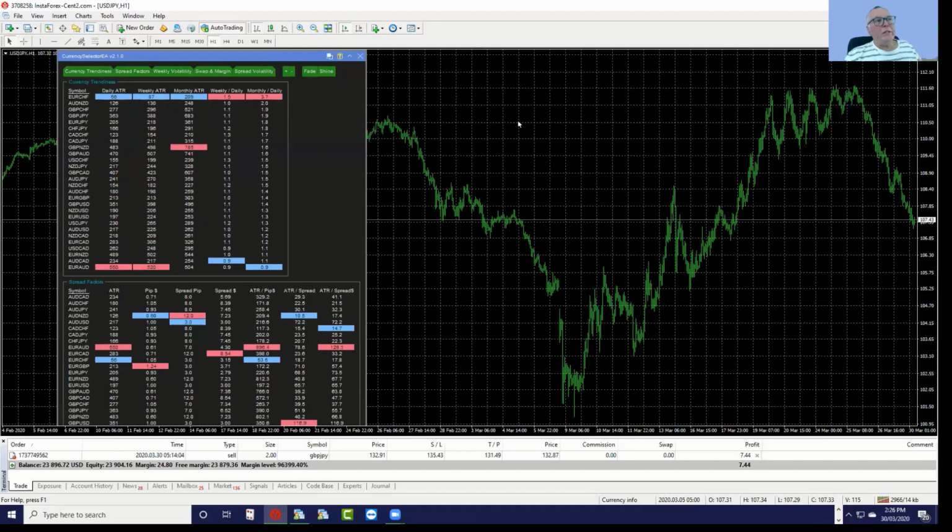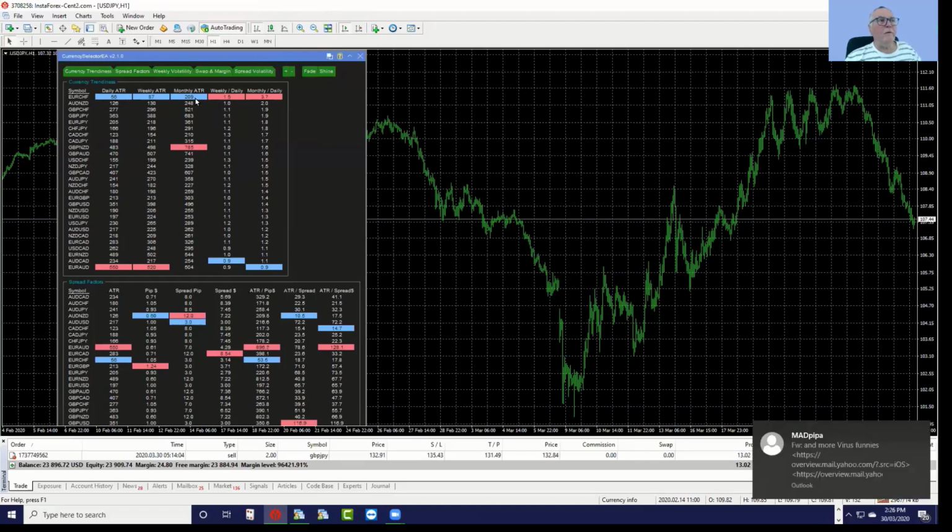So what we try and do here now, you see this particular currency, the euro franc, is normal because the daily ATR is smaller than the weekly ATR, and the weekly ATR is smaller than the monthly ATR. That's more or less normal.